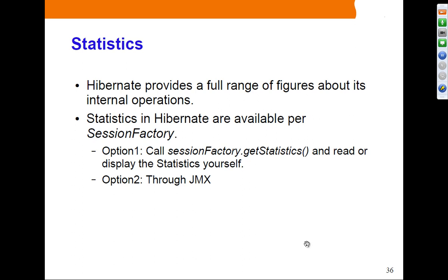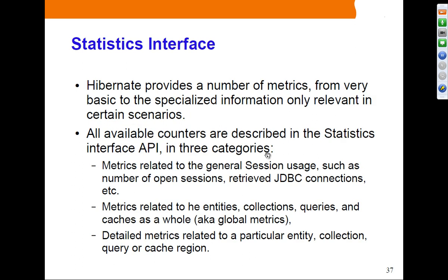You can also get the statistics through JMX, but here we're going to work on the statistics object. The statistics interface provides a number of metrics, from very basic to specialized information only relevant to certain scenarios, like session usage, such as the number of open sessions and retrieved JDBC connections, metrics related to entities, collections, queries, and caches, and detailed metrics related to a particular entity, collection, query, and cache region.